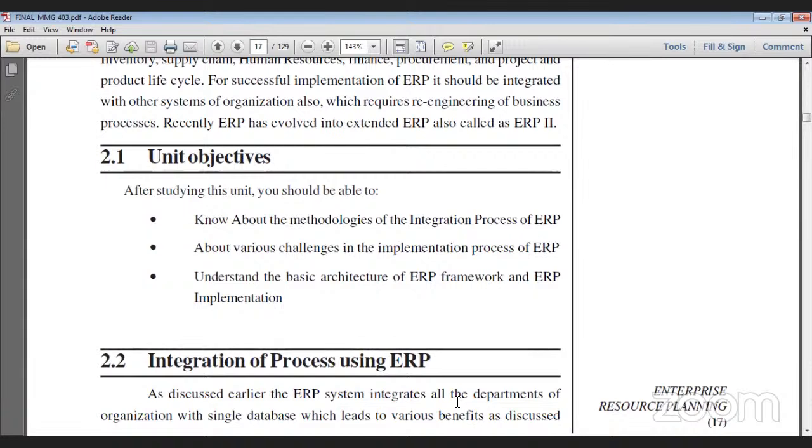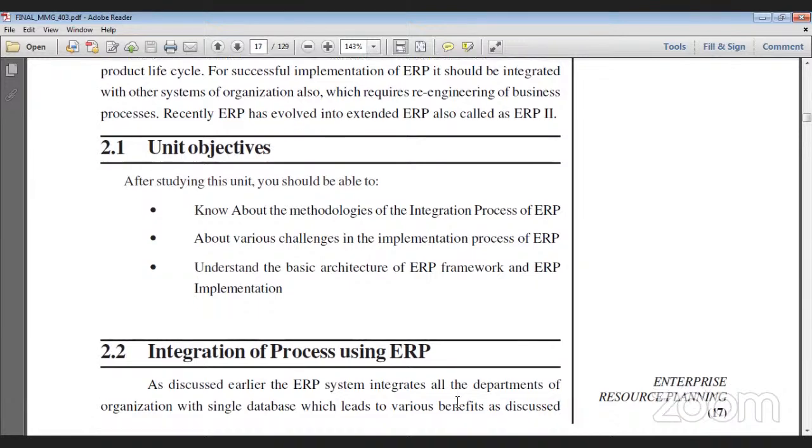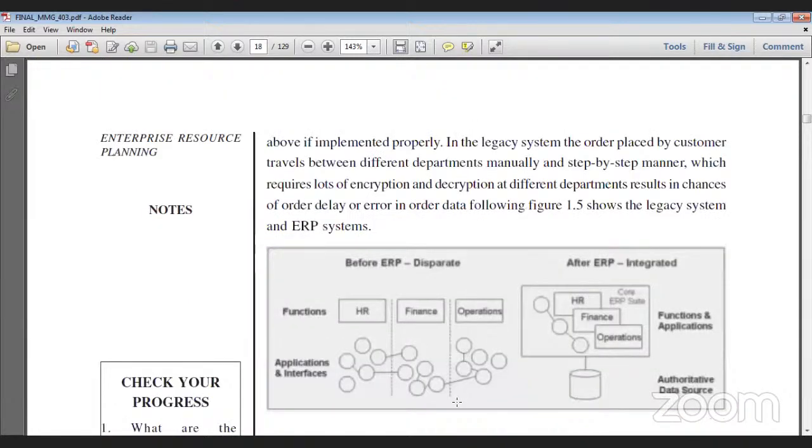An ERP system integrates all the departments and organizations with a single database, which leads to various benefits. Here we discuss some points about being implemented properly.